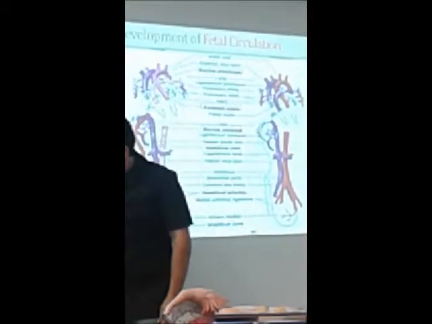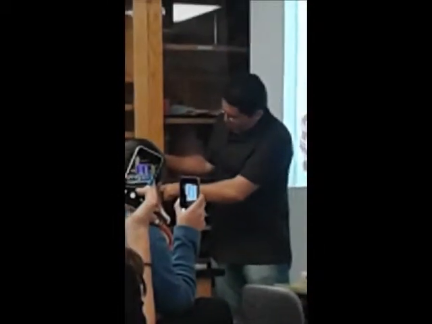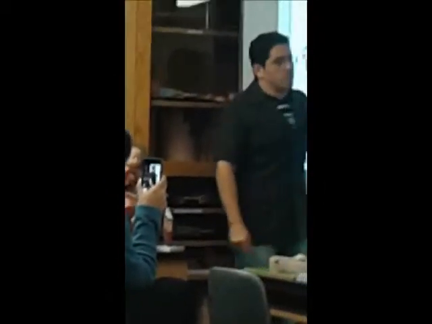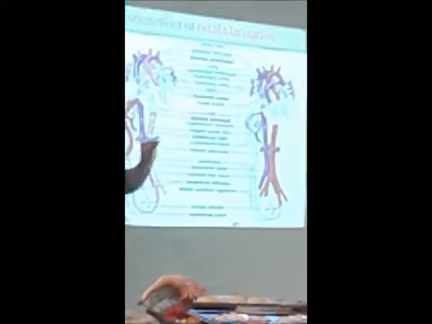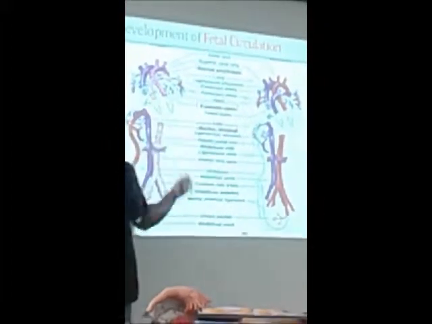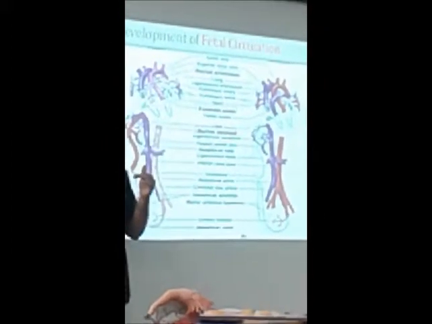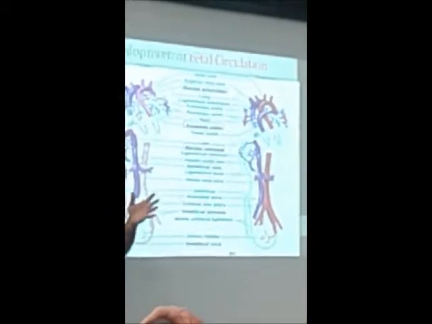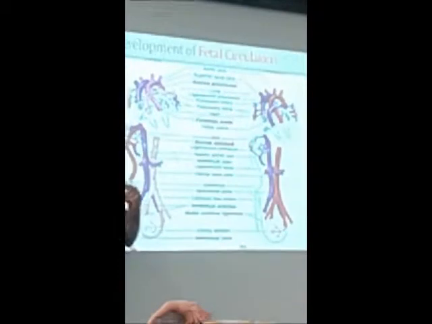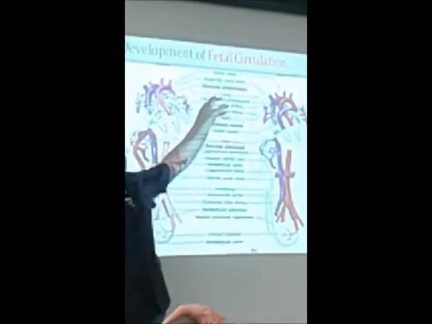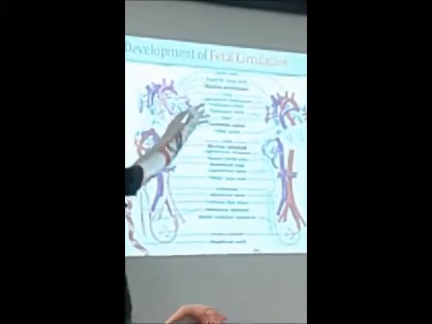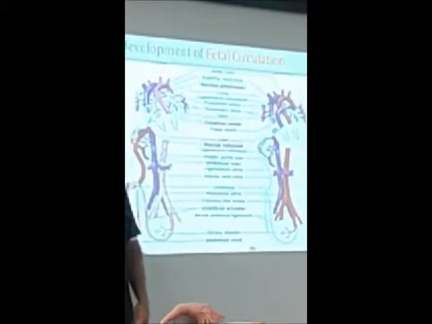You're not going to see the ductus arteriosus labeled, but probably something that points to the top of the heart is referring to the ductus arteriosus. Please notice that the ductus arteriosus in a grown individual, in an adult or a baby after 24 to 48 hours at the most, is not ductus arteriosus anymore. It is the ligamentum arteriosum. It's a ligament.